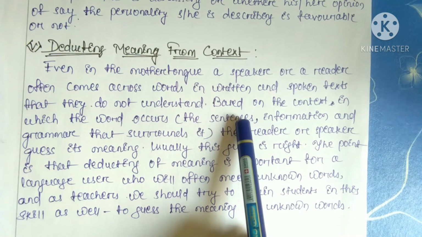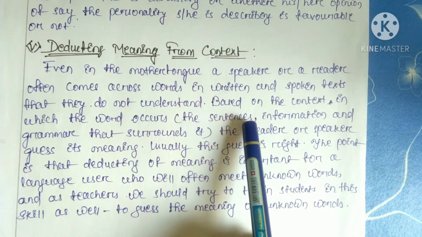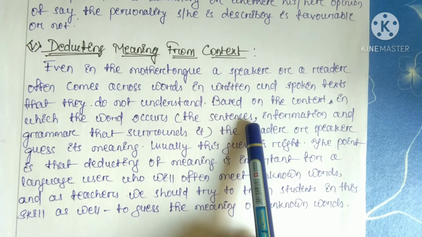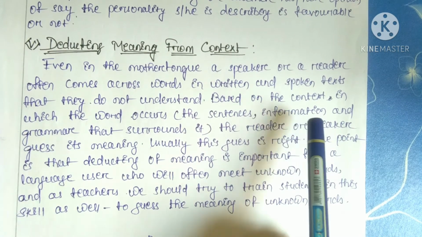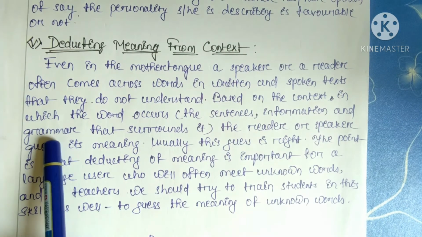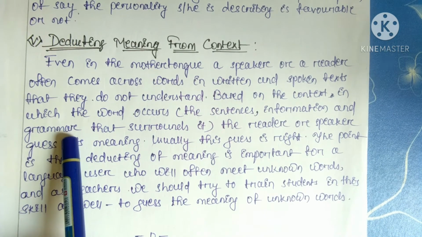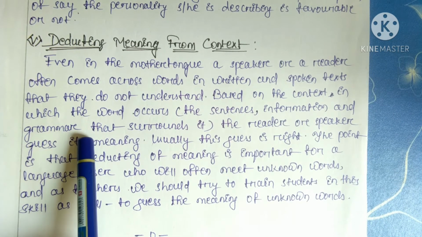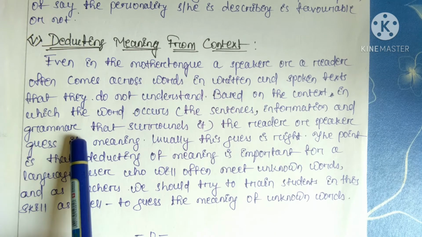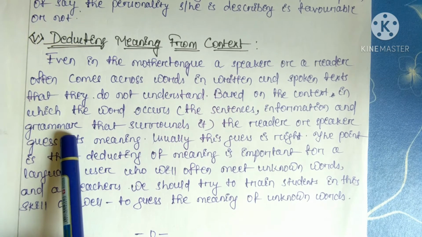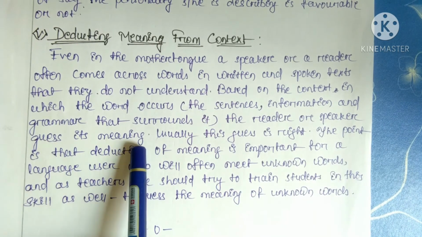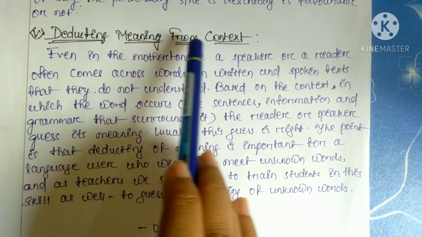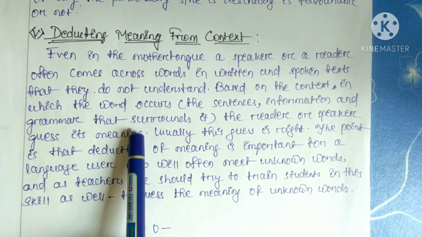Which type of sentences, whether affirmative or negative, what type of information that paragraph or commentary includes, and what type of grammar is used, such as indirect or direct speech, or passive voice. So deducing meaning from context means deducing the total meaning of the context.